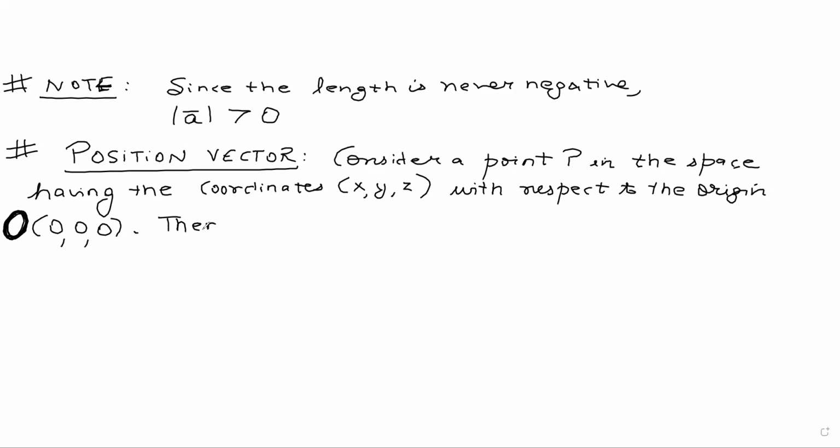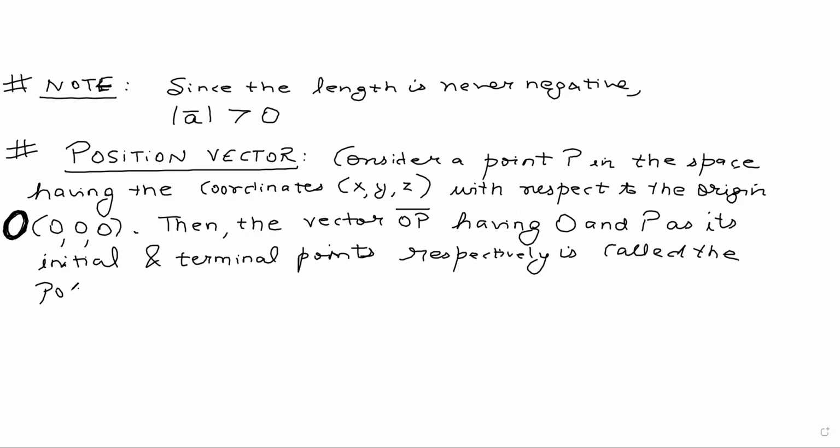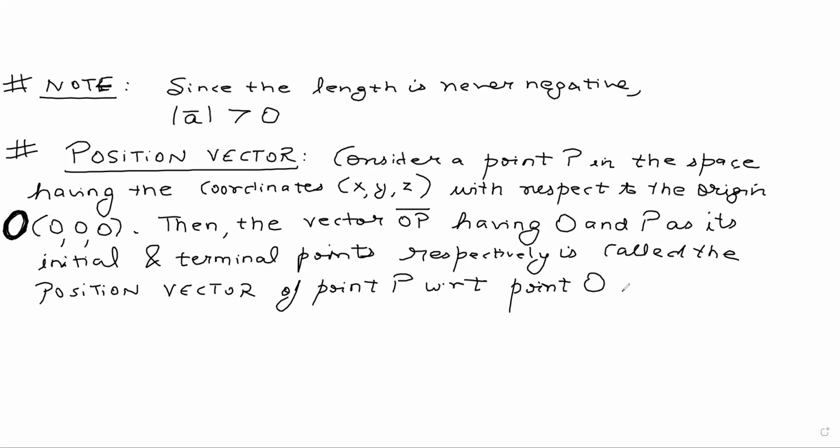So I can say the vector OP, having O and P as its initial and terminal points respectively, is called the position vector of the point P with respect to the origin. O denotes the origin here.